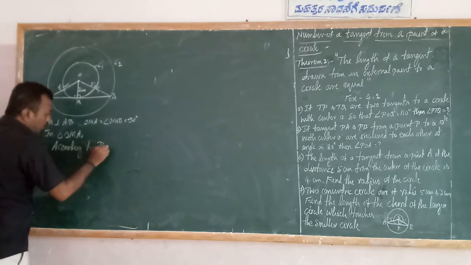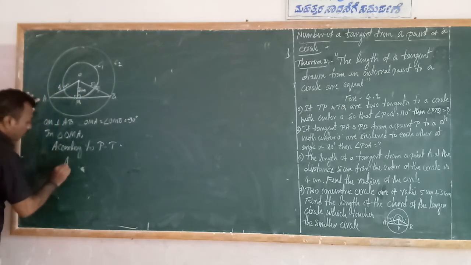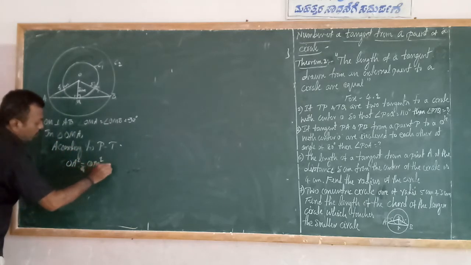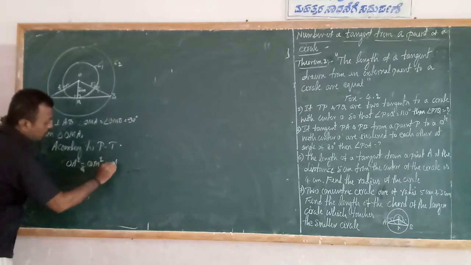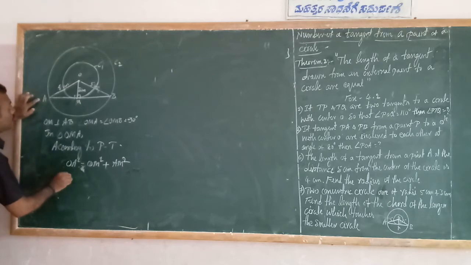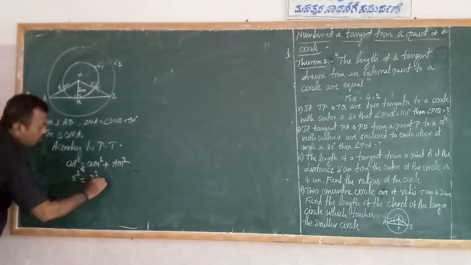According to Pythagoras theorem, OA square is equal to OM square plus AM square. Do you know OA square? OA square is 5 square, equal to OM square, which is 3 square, plus AM square, since AM we don't know.